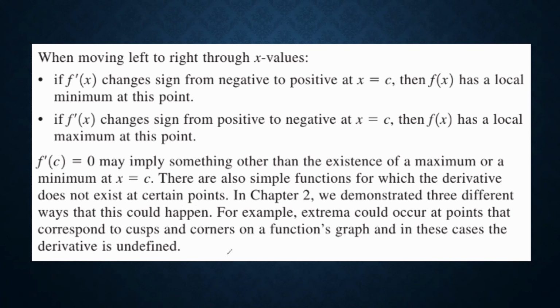So if the slope of a tangent line equals 0, we know that it's going to be a horizontal line, right? And it's going to be tangent. If the derivative equals 0, you're going to have a horizontal tangent line to the curve, right?